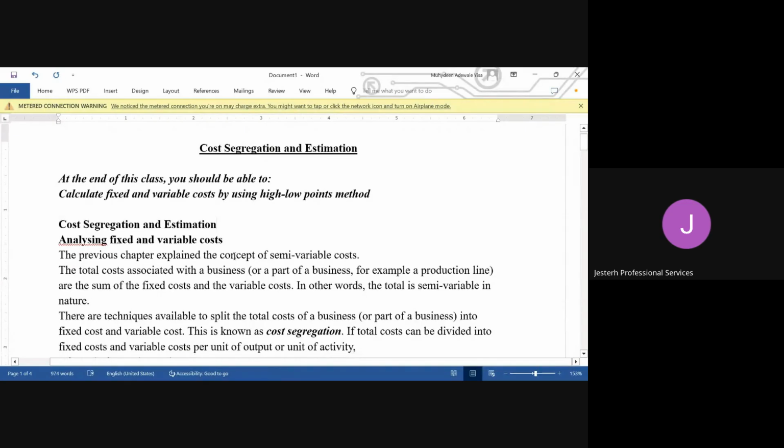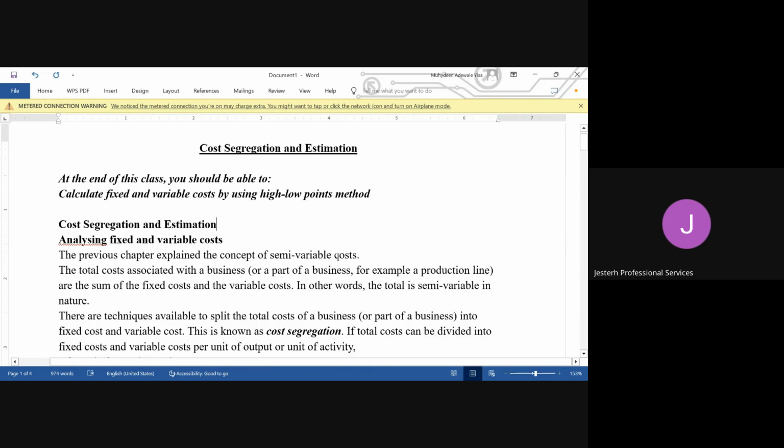Well, not to take much time, today we want to talk about how cost segregation works. We have already talked in the last class about the concept of a semi-variable cost, where we said semi-variable cost can comprise of the fixed and then the variable cost.